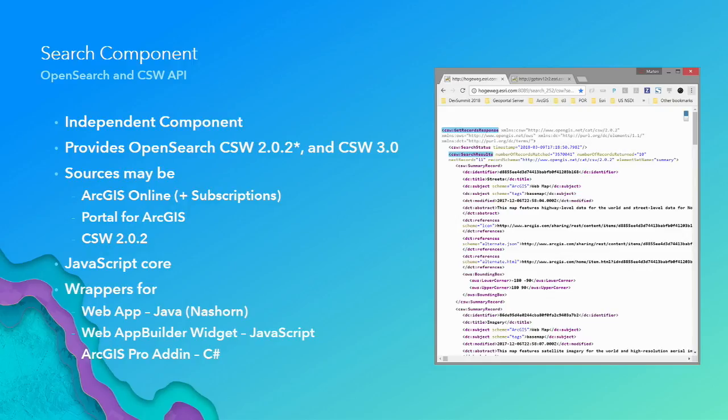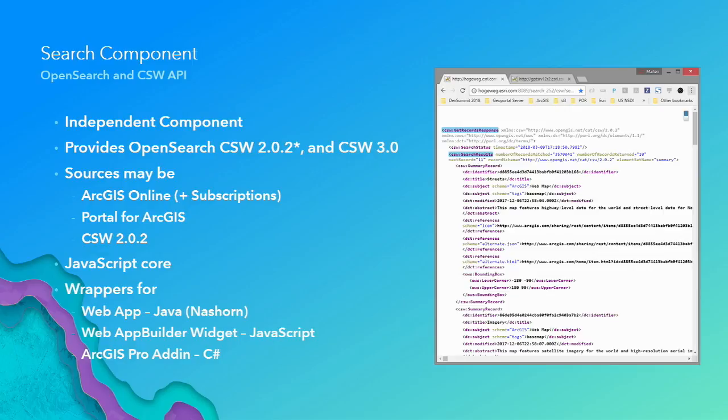So all of those three different client environments use the same underlying search engine in one way wrapped with a Java servlet approach, and for Web AppBuilder it's just JavaScript, but we wrap it inside the widget framework, and then with some C# for ArcGIS Pro. So that allows us to build on this engine and make it available to these different environments without having to rewrite everything and keep everything in sync.